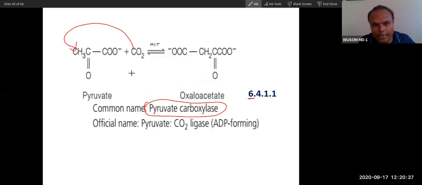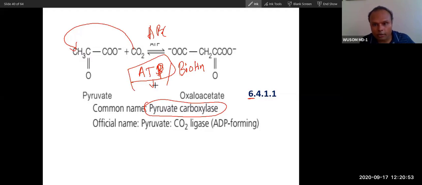Because it is utilizing ATP also, and with ATP, it is also utilizing biotin. Ligase always utilizes ATP. It is placed into group 6.